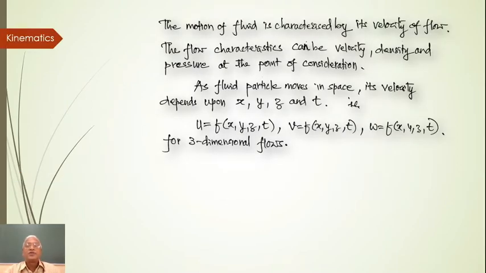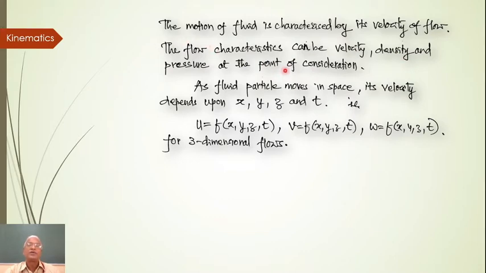Okay, and this is already studied. The motion of fluid is characterized by the velocity of flow. The flow characteristics can be velocity, can be density, can be pressure at the point of consideration in the flow, right?